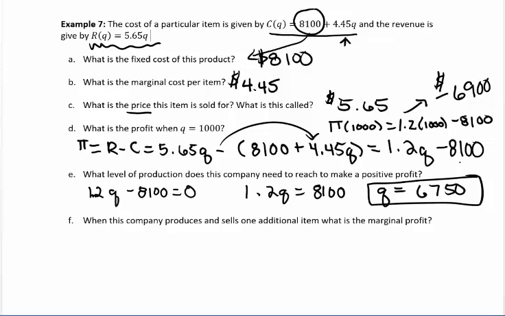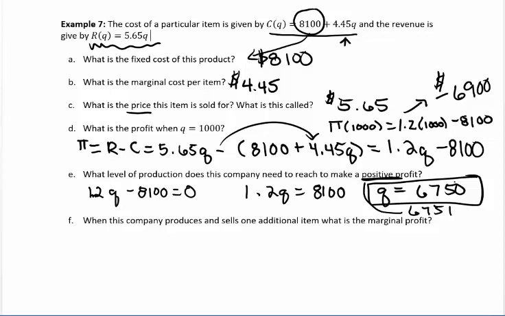So the first time that we're actually going to be positive is 6,751. So the break-even point is when the profit is 0, and the positive profit starts at 1 unit more than that.